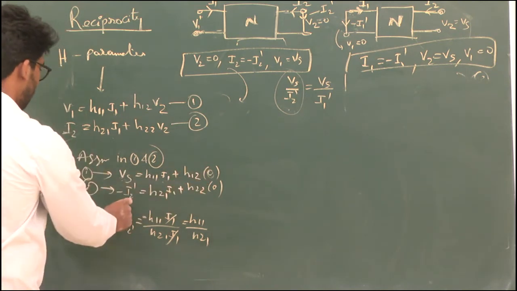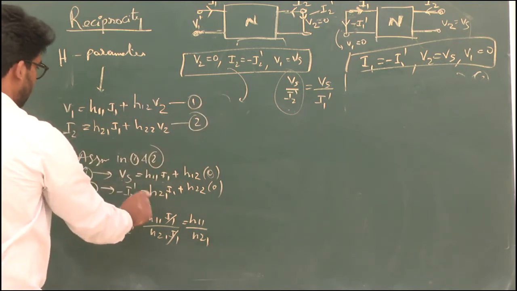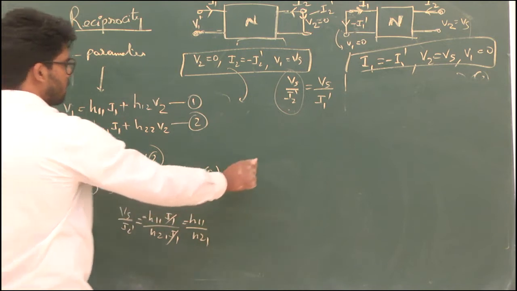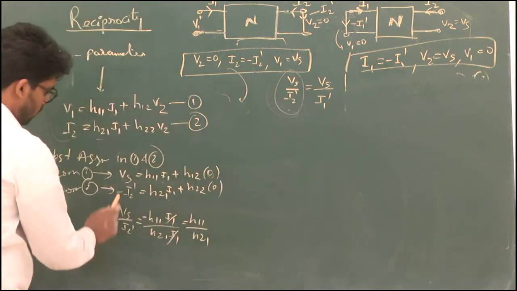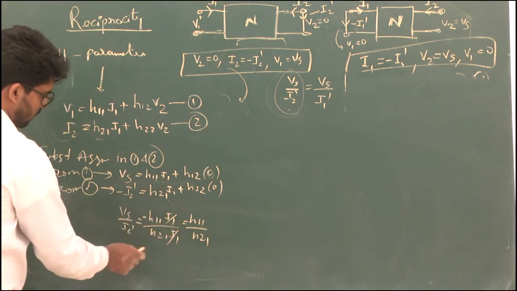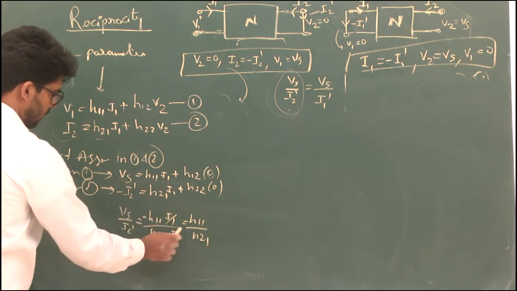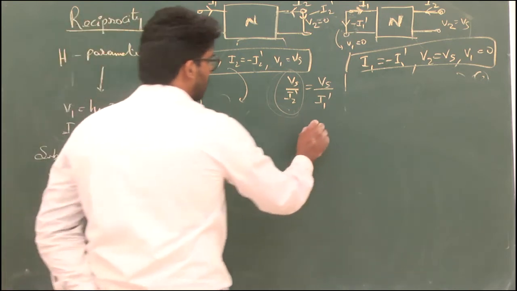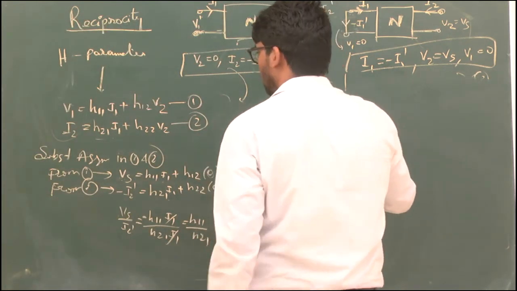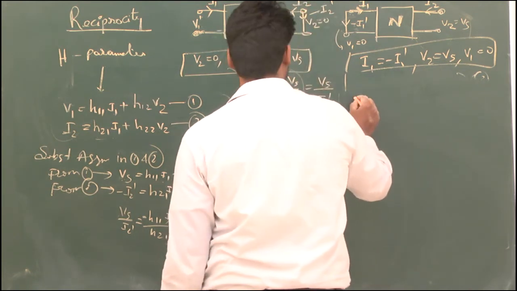Again the same story runs. Here I2 is replaced with minus I2 dash, and h21 I1 plus h22 V2 with V2 equal to 0. We need the Vs by I2 dash response. So this is the numerator and we have the equation h11 I1. We'll cancel that. Now we'll go to this circuit and these assumptions. What are the assumptions we have?